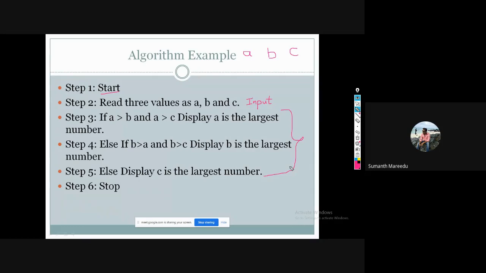Here, what is the processing we are doing? First, as a programmer, I will choose: what are the possibilities for A to become the largest number? When can I say that A is the largest number?